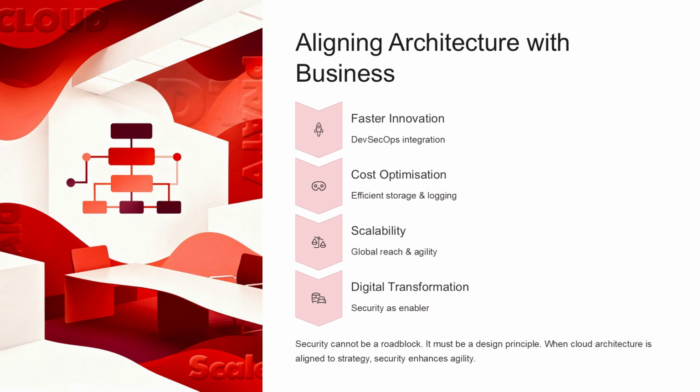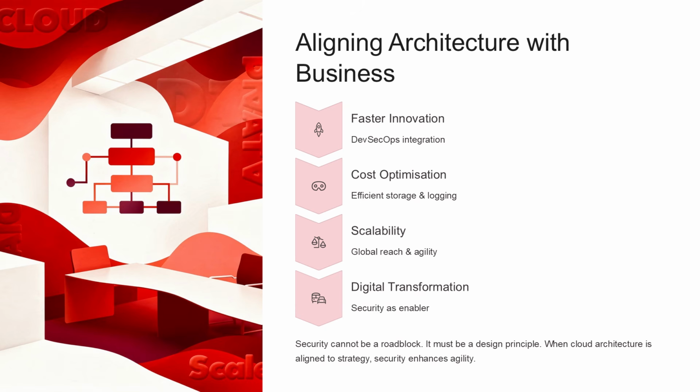Cloud adoption is usually driven by business goals: faster innovation, reduced infrastructure cost, scalability, global reach, digital transformation. Your cloud security architecture must enable these goals, not obstruct them. For example, if the business demands faster application deployment, your architecture must integrate DevSecOps controls into pipelines rather than requiring manual reviews.